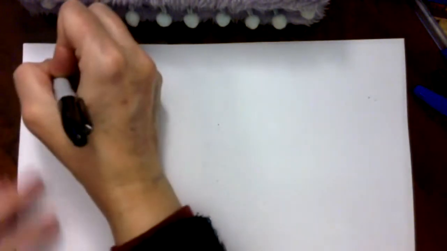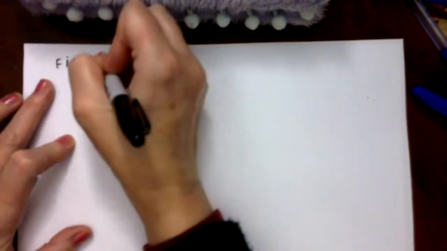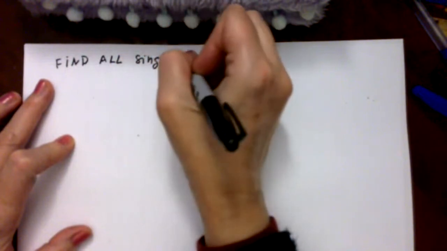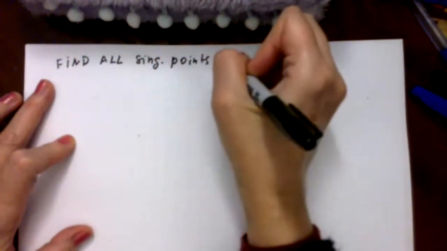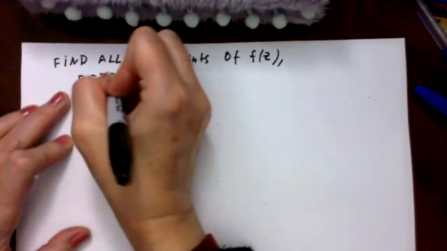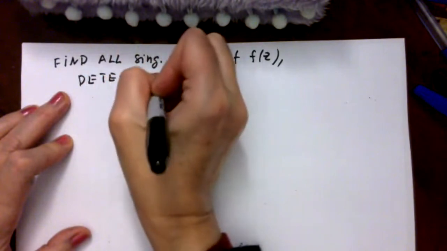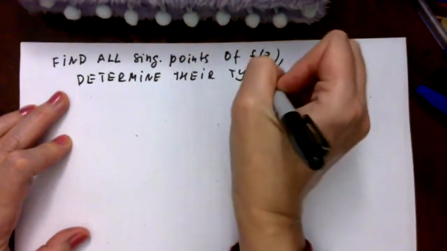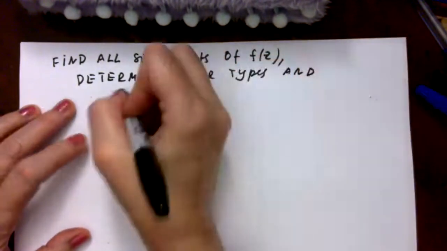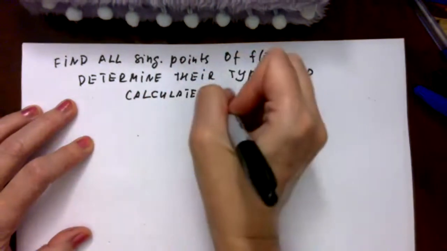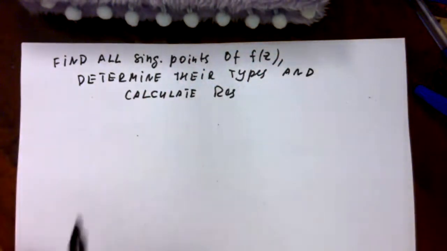They all will have the same assignment: find all singularity points of the function f of z, determine their types, and calculate residues of your function at these singularity points.